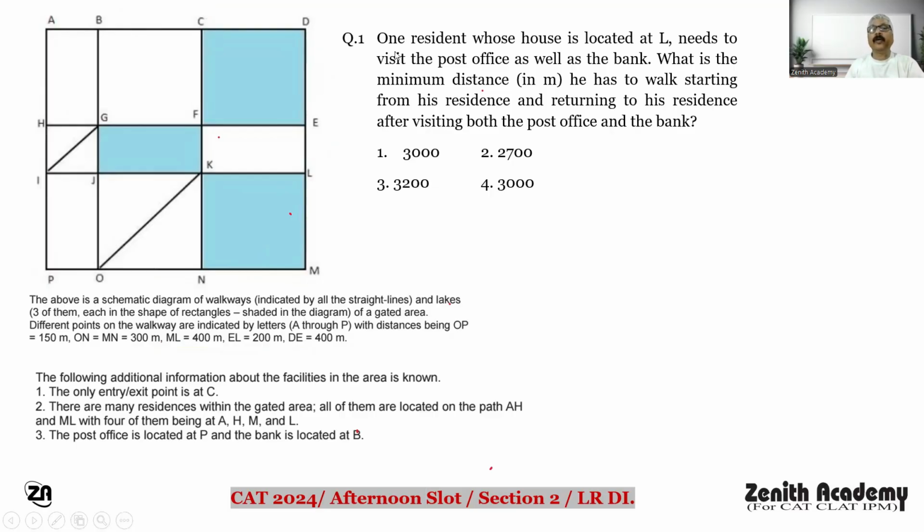Question number 1. One resident whose house is located at F needs to visit the post office as well as the bank. What is the minimum distance? He has to walk starting from his residence and returning to his residence after visiting both the post office and the bank. The important point here is the minimum distance.